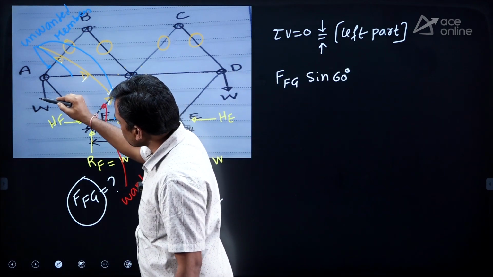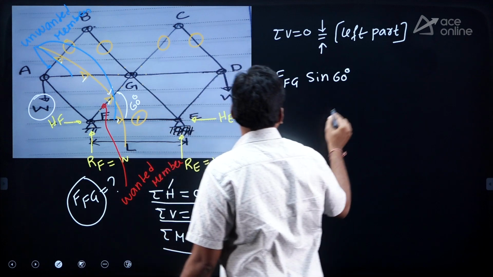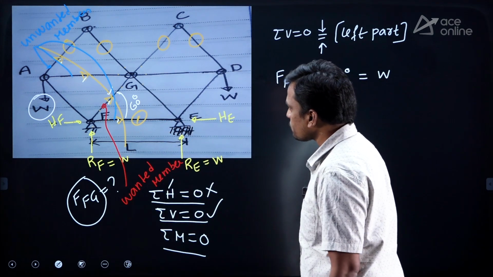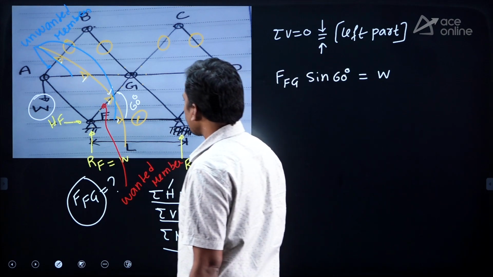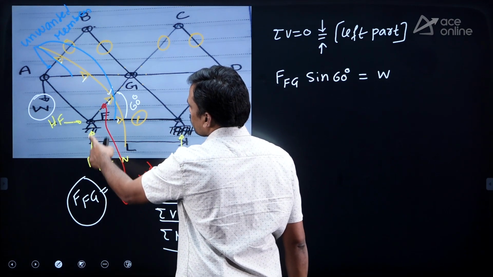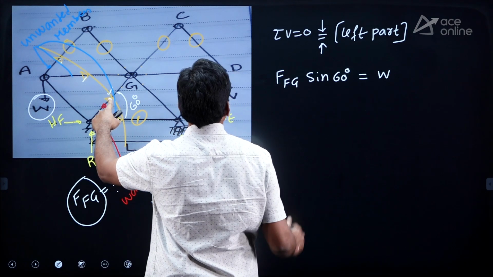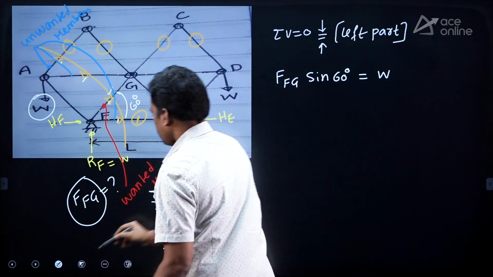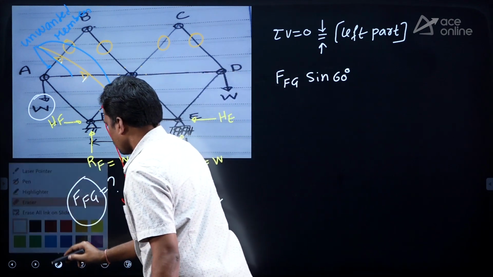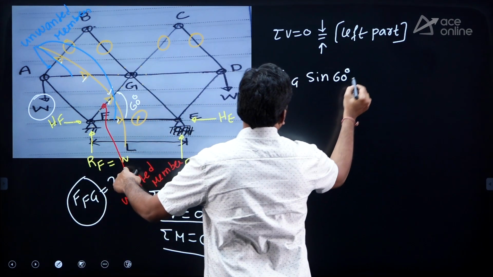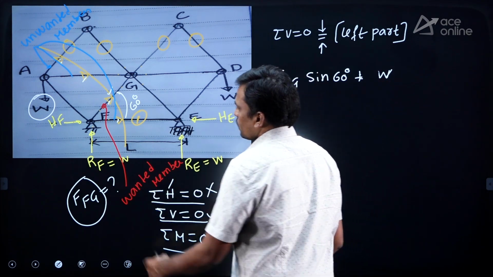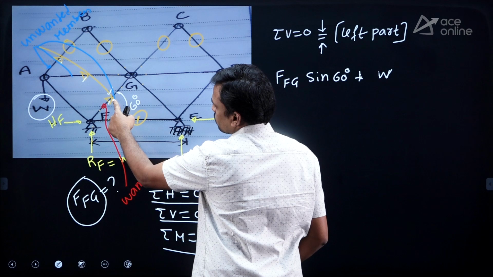In the left part, this load is in the downward direction, so this is W. And there is an upward reaction, W. So this is upward and this is also upward.